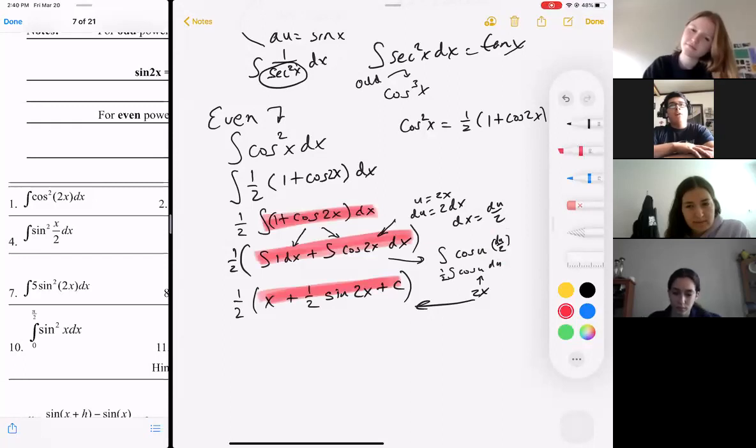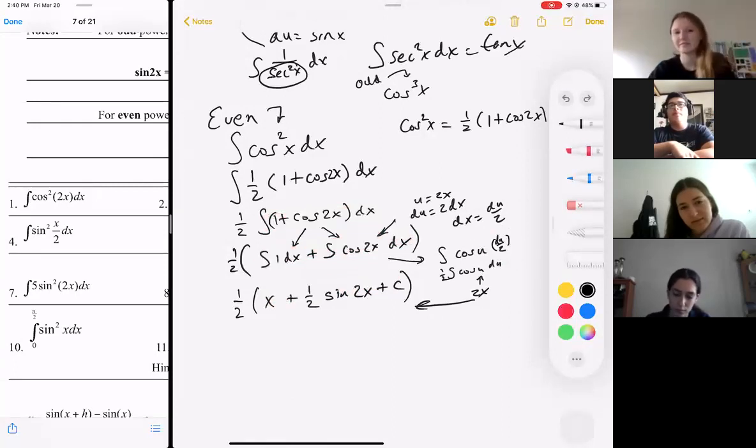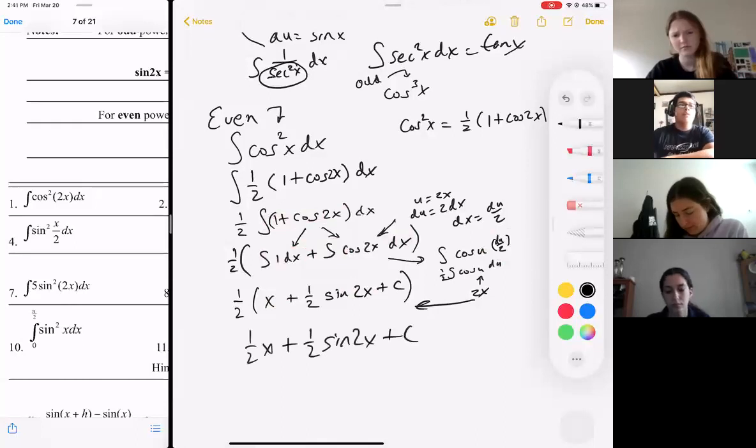So if we're doing it right, like the math way, you're supposed to write like this. Okay. But we know it's just going to be plus c at the end, which is also fine, I guess. So it's 1/2 x plus 1/2 sine 2x and then plus c. This is just our like c 2.0 upgraded version.